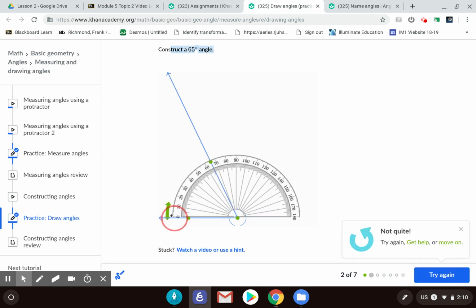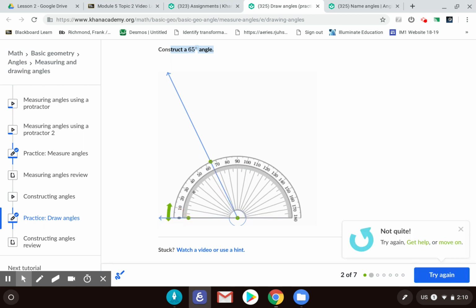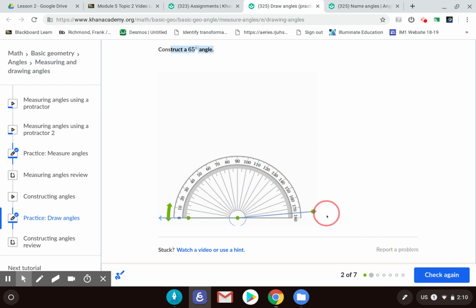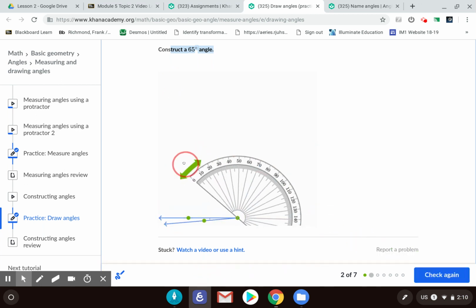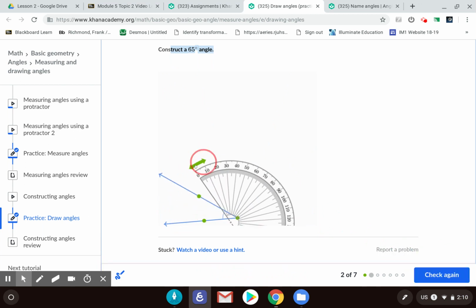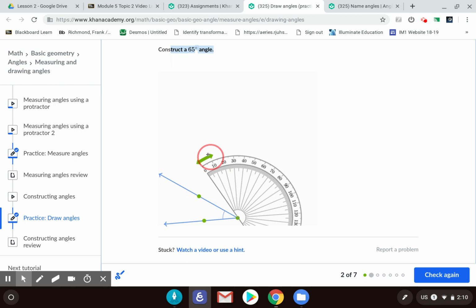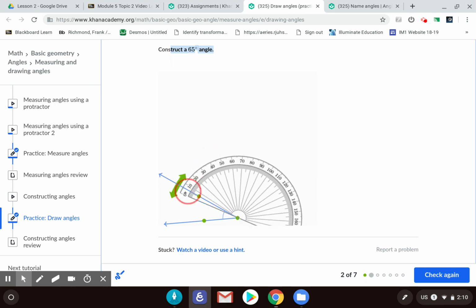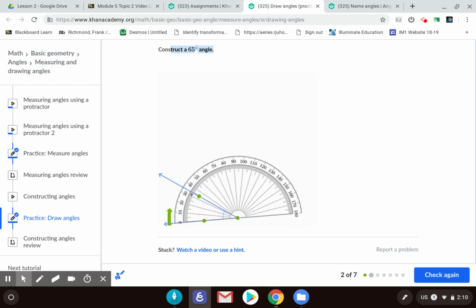Looks like I got it not quite lined up, so hang on a second. Oh, it wants me to put that side there. Okay, so this is just a little touchy. That's okay. You just kind of got to get the hang of it.